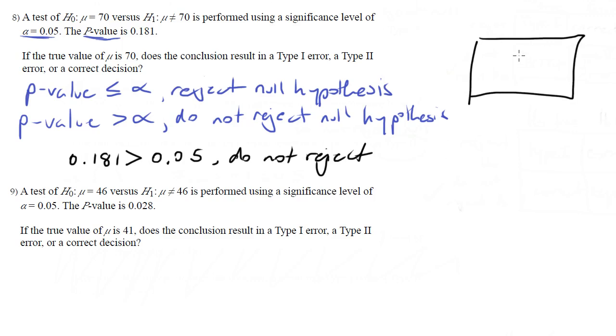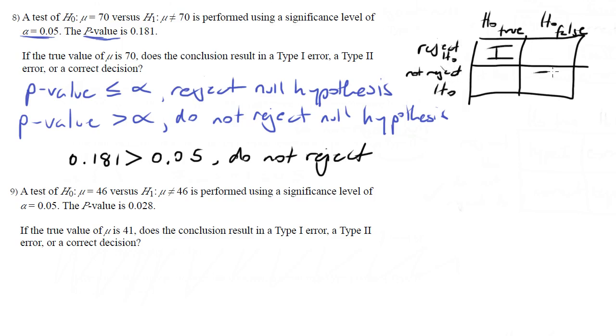Let's see if we made an error or not. Same table from before. Either the null hypothesis is true or false, and either we rejected H sub 0 or we did not reject H sub 0. If the null hypothesis was true and we rejected it, type 1 error. If it was false and we rejected it, then we made the correct decision.